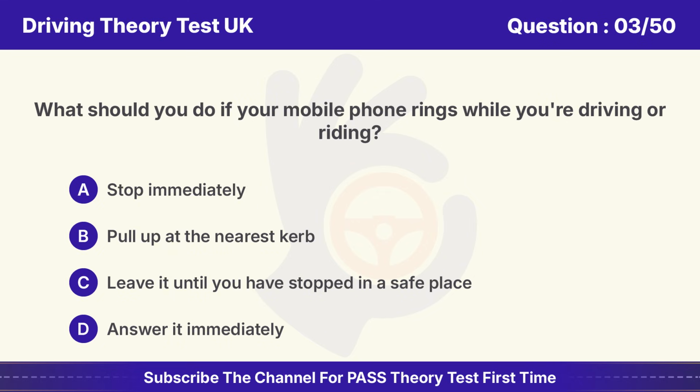Question 3. What should you do if your mobile phone rings while you're driving or riding? Answer is C. Leave it until you have stopped in a safe place.